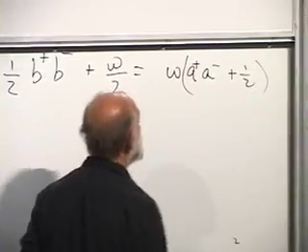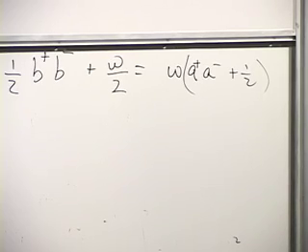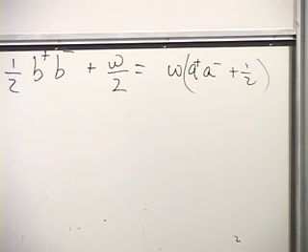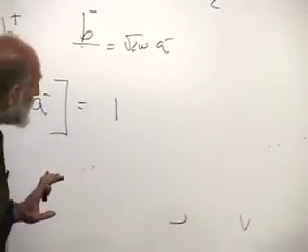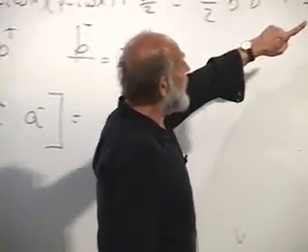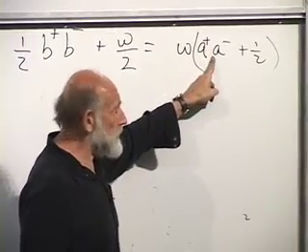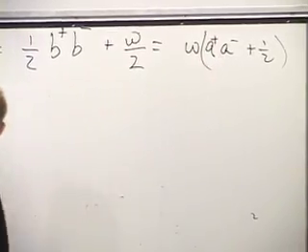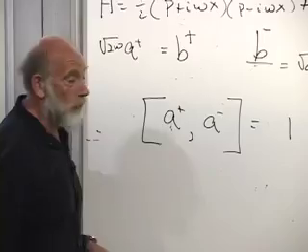There it is. Omega times A plus A minus plus 1/2. So we've reduced the problem of the harmonic oscillator, the problem of finding the energy levels and the eigenvectors, but in particular the energy levels, to finding the eigenvalues of an operator A plus A minus, given that A plus and A minus have a commutator equal to 1.